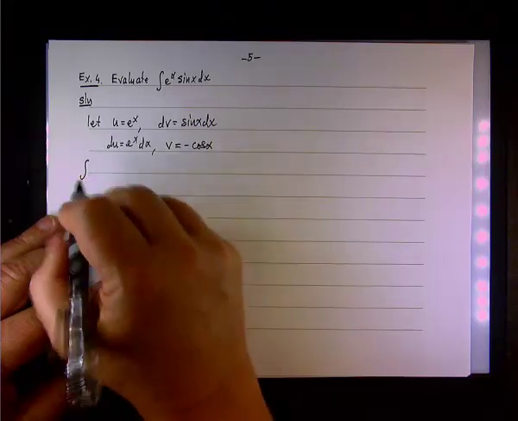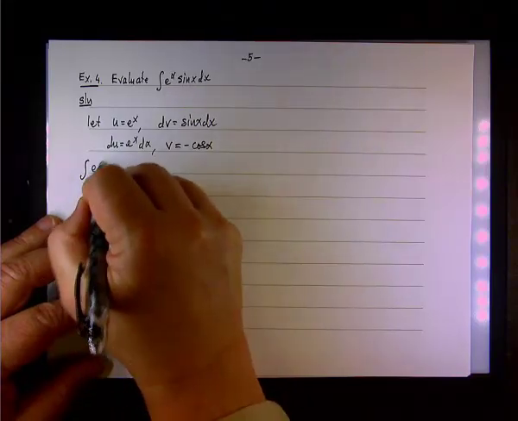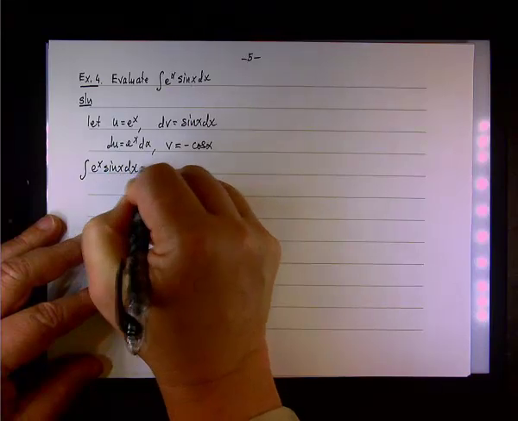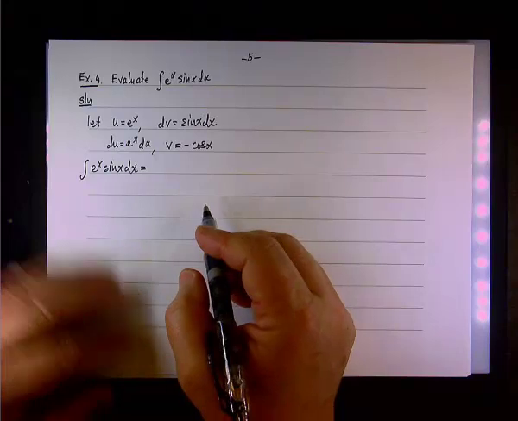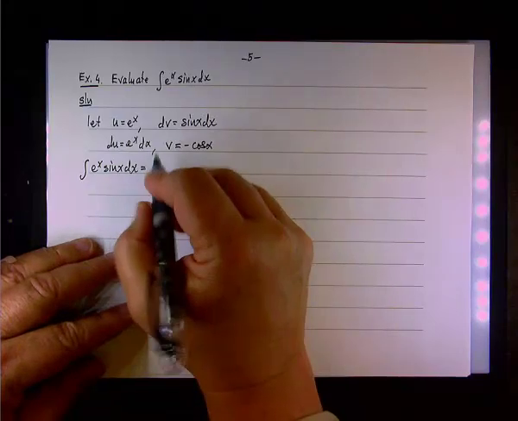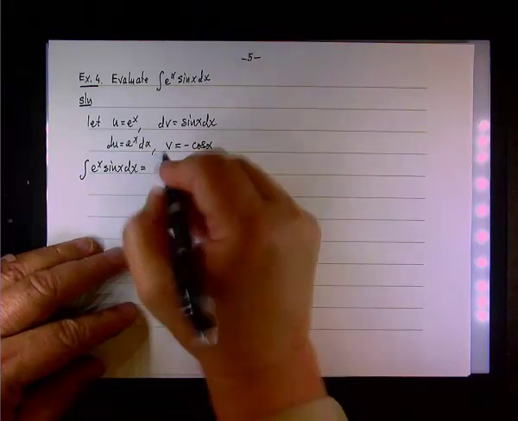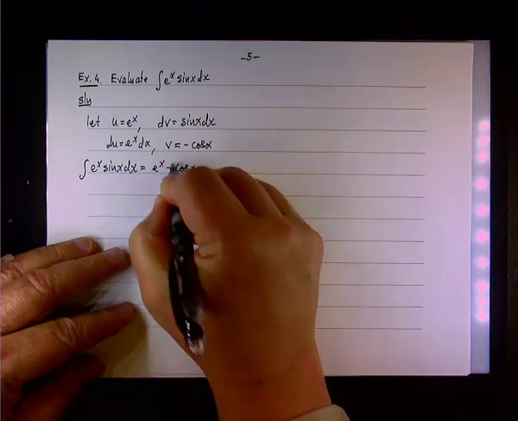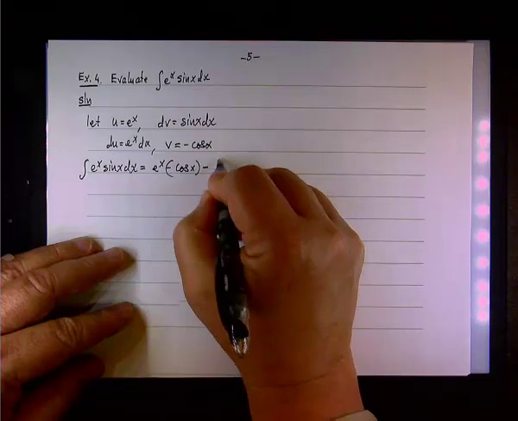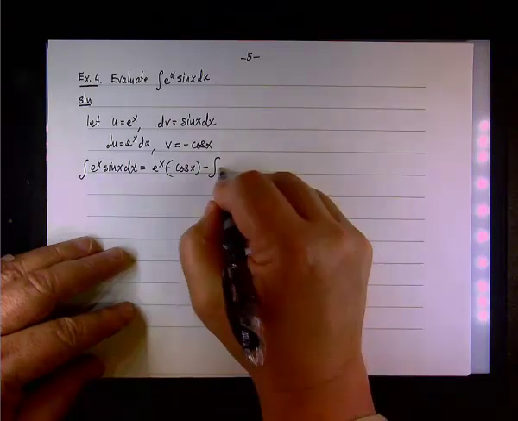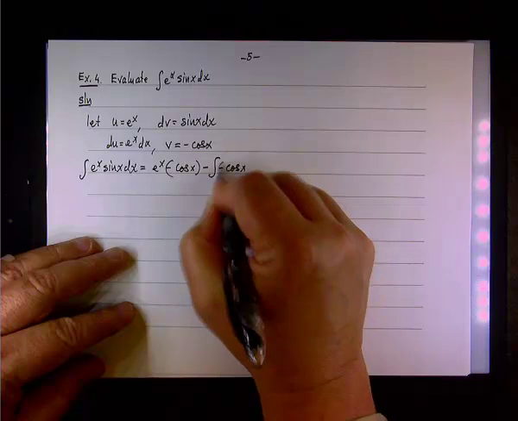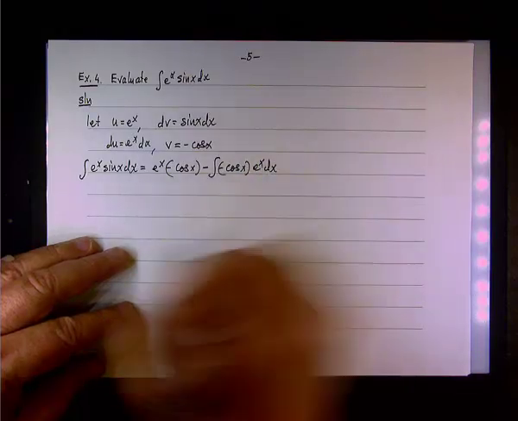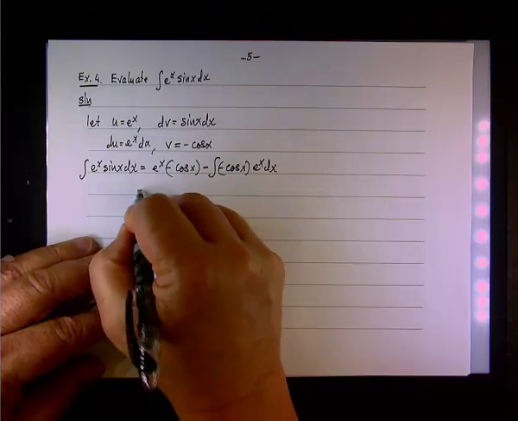So, the integral of u dv, the integral of e to the x sine x dx, equals u times v. Well, u times v is e to the x times negative cosine x, minus the integral of v du, the integral of negative cosine x, and du is e to the x dx.